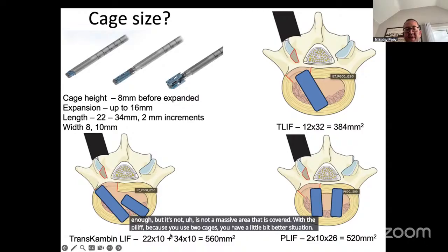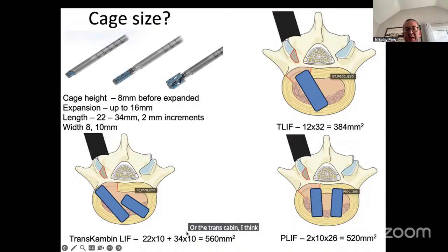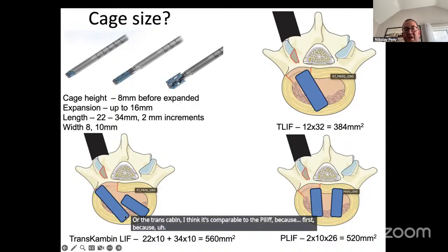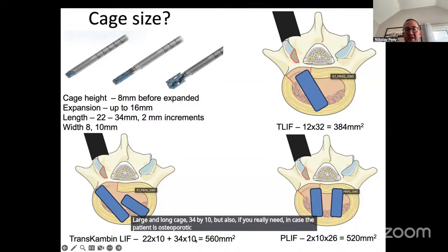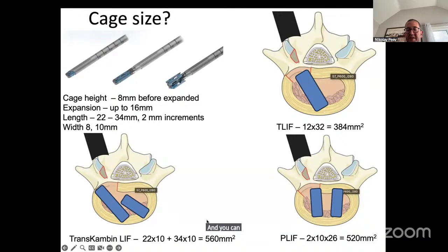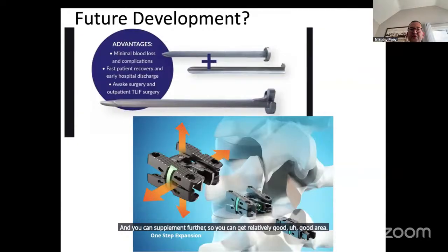With the Trans-Kambin, I think it's comparable to the PLIF because of the oblique course, you put a large and long cage, 34 by 10, but also if you really need, in case the patient is osteoporotic, you can inject a second cage and supplement further, so you can get a relatively good area.